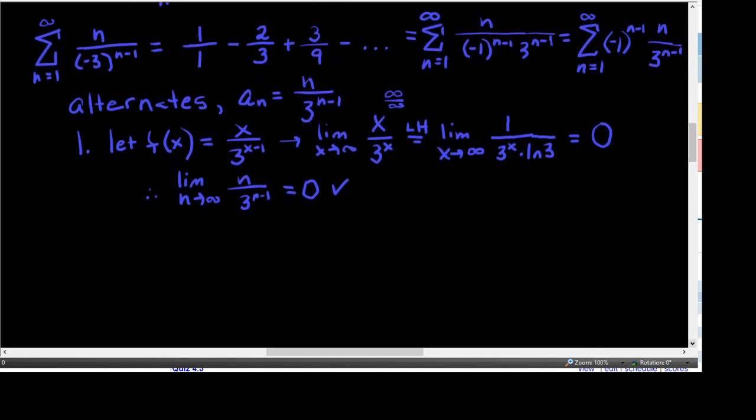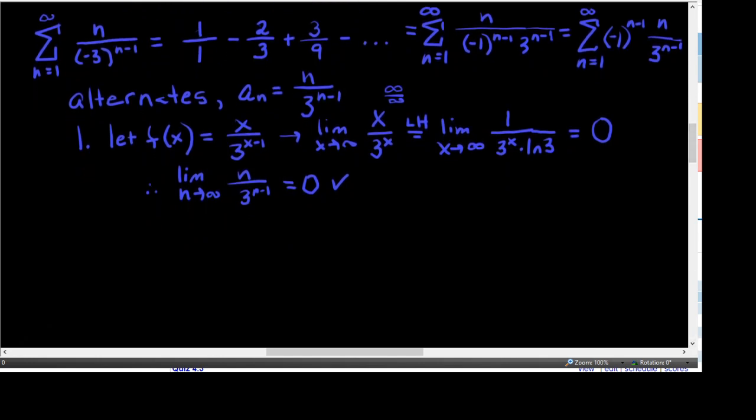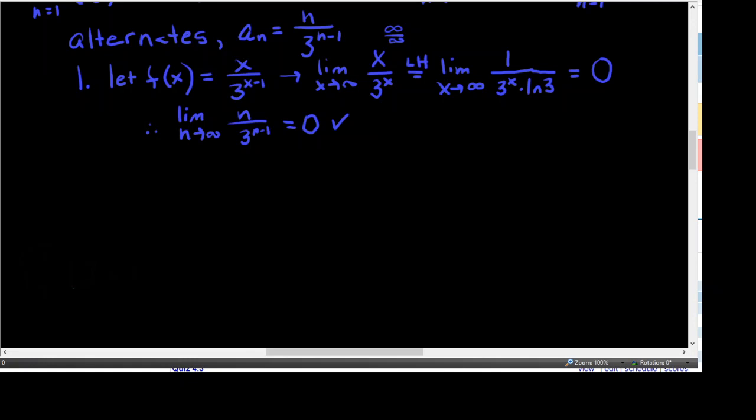Okay, now for this next part, I'm going to do something that's going to feel like magic, because it sort of is in a way. It's mathematical magic, if you will. I want you to just take on faith. No, maybe you can just discover this with a little bit of thought.